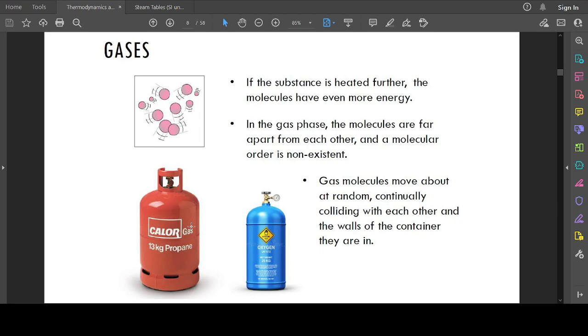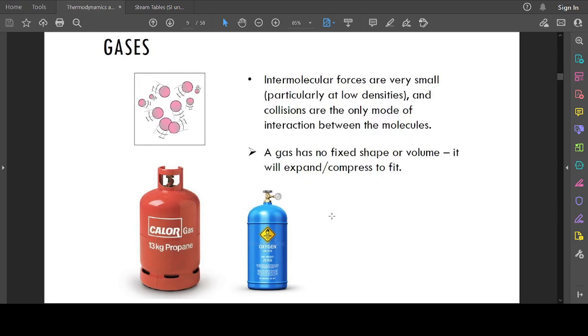Then these atoms can move freely, colliding into each other and moving as far away as possible from each other, and also coming as close and bouncing off each other. So what happens? Because of this, the atoms lose their density, and when they lose their density, they cannot have any fixed shape or volume.